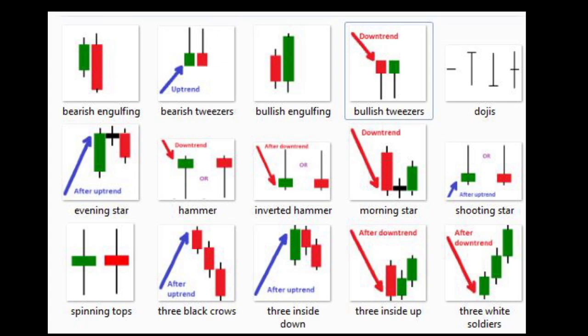The shooting star is going to look like a hammer. It's going to have the same structure as an inverted hammer, which we're going to cover here momentarily. And the shooting star appears during a bullish trend.